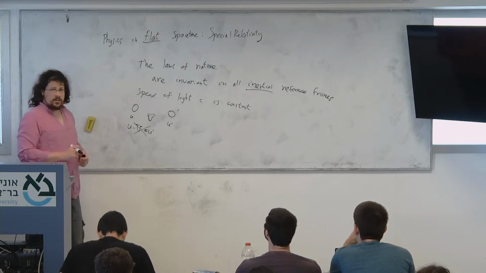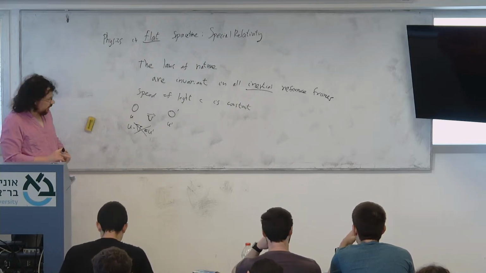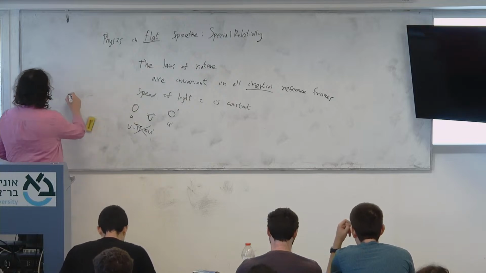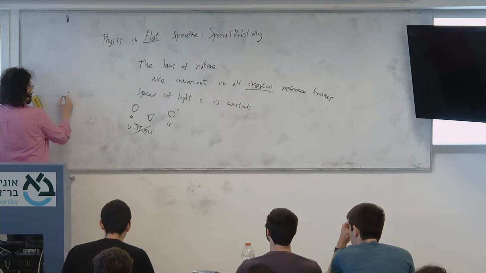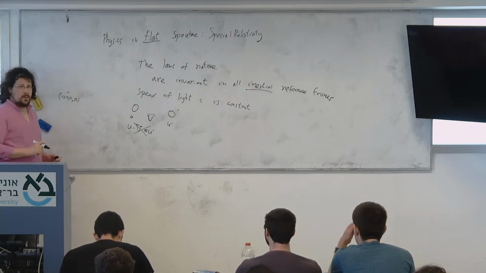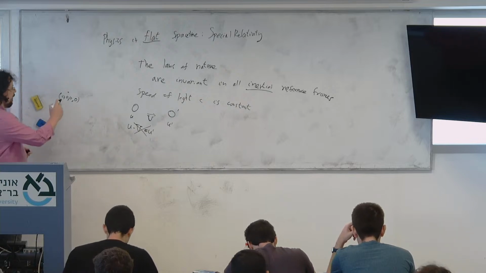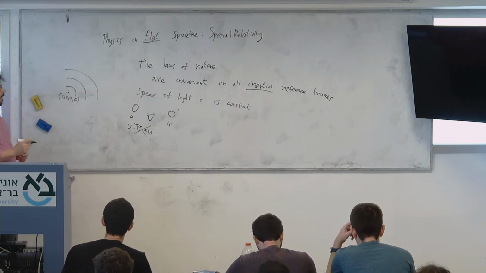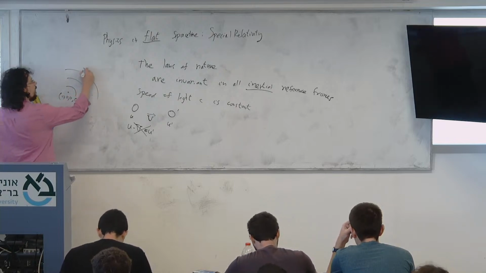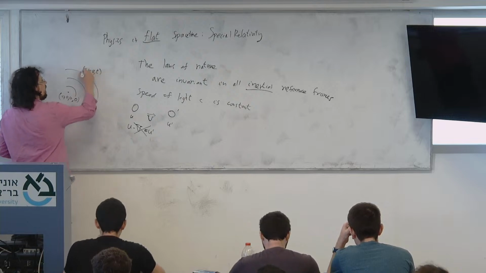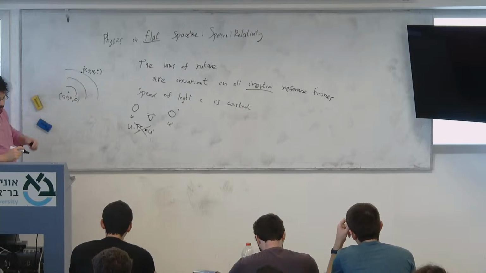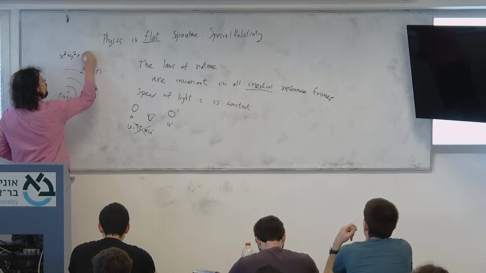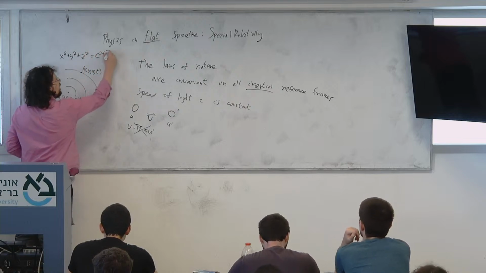And as you might recall, we derived that by considering a source of light in the system O at 0, 0, 0, and we can also call the time 0. And now a sphere of light is extending outwards, and at any point x, y, z, t in the reference frame O, it has to hold that x squared plus y squared plus z squared equals c squared t squared.